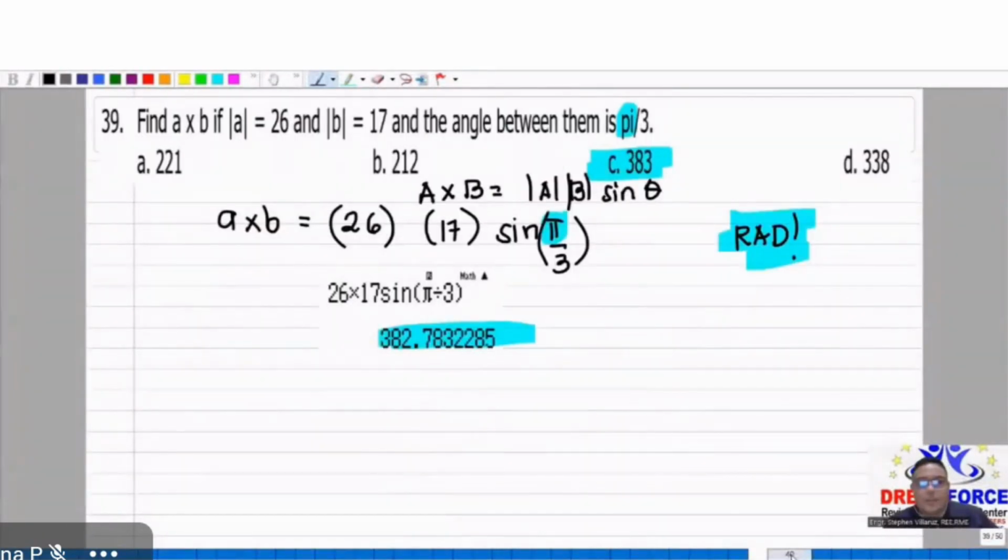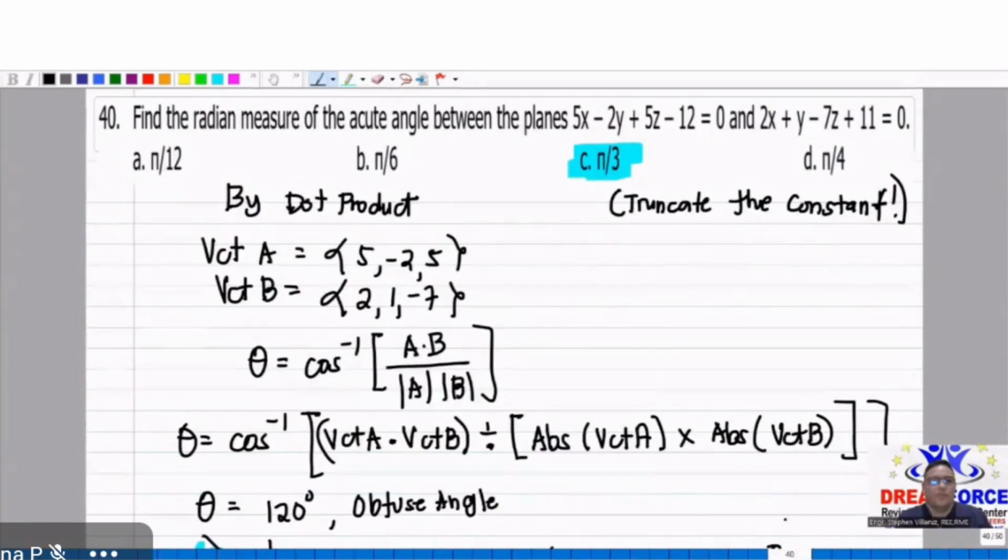Then, number 39, cat. So, take note, naka-pi yung ating angle dito. So, naka-radian mode ka dapat. Okay. Next tayo, number 40. As you can see, naka-pi pa rin tayo dito. But this is a dot product pa rin.